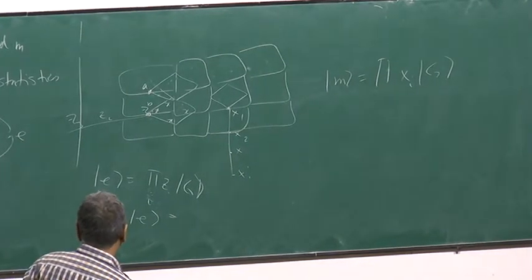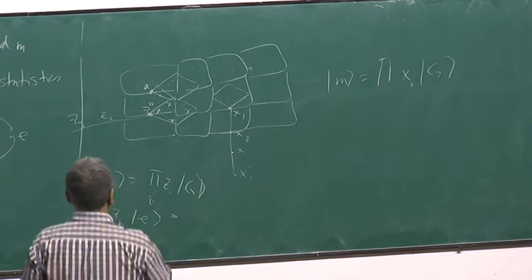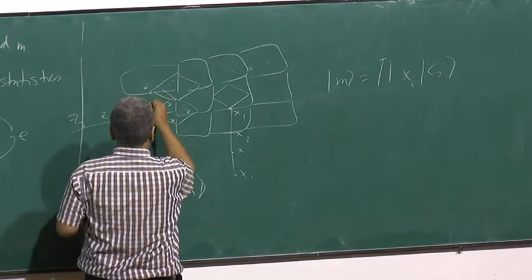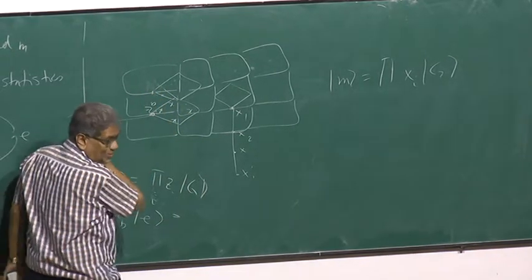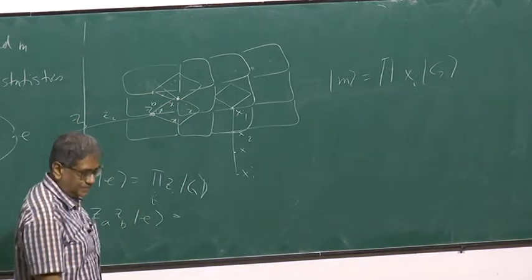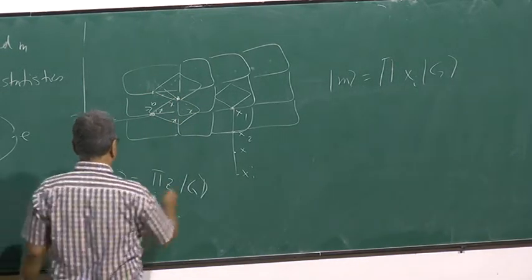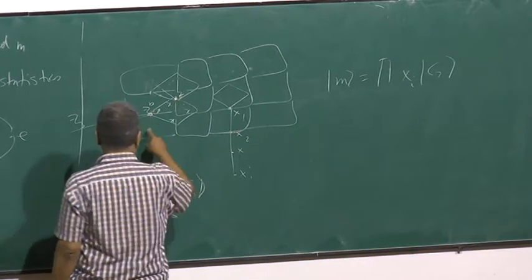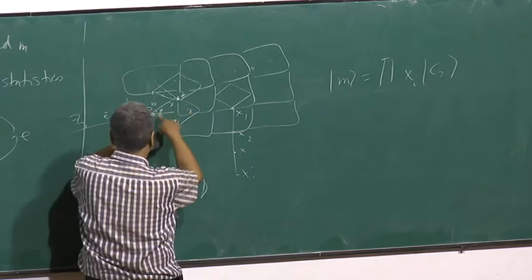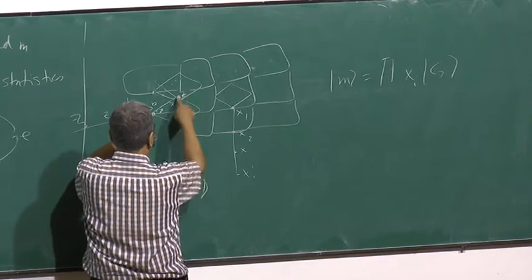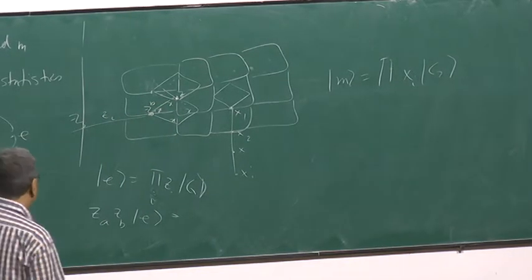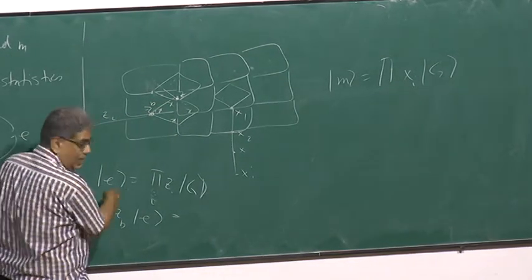Yeah, so that was not a very good idea. I should put the Z here, otherwise you'll create an electric charge here also. So I multiply by the product of this Z, and that moves the electric charge from this side to this side.